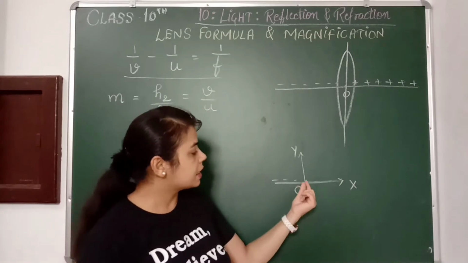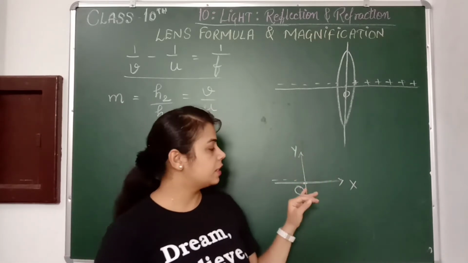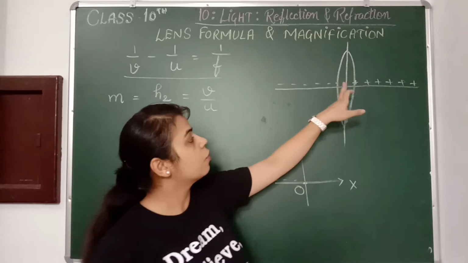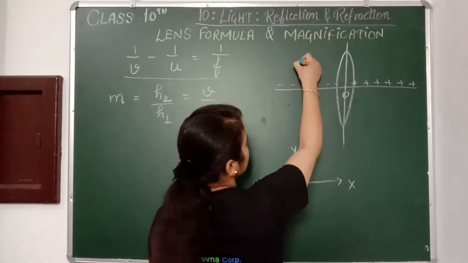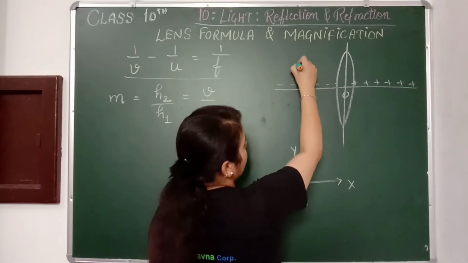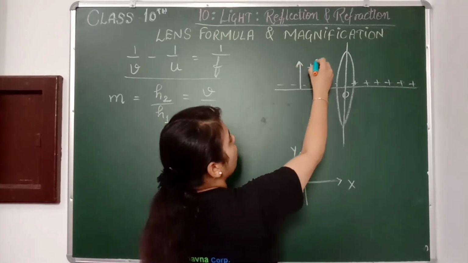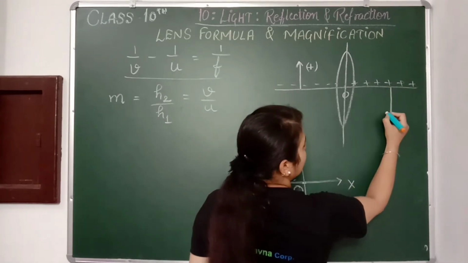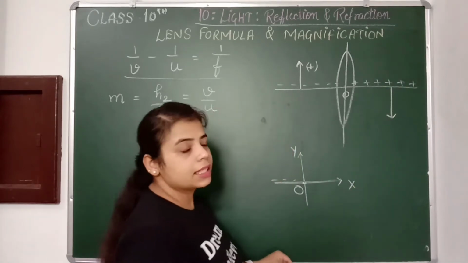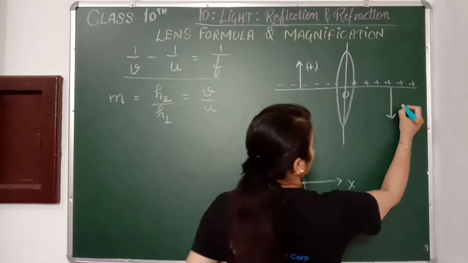Now the distances which are above the origin on the y-axis will be taken as positive. So all the distances above the principal axis will be taken as positive, and the distances below the principal axis will be taken as negative.